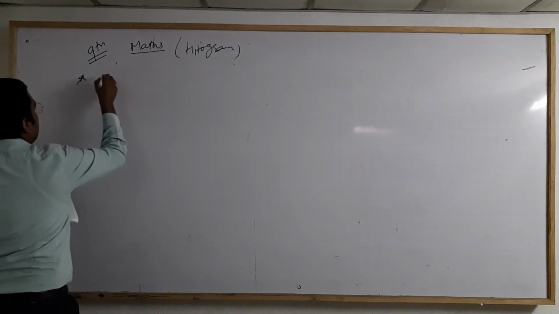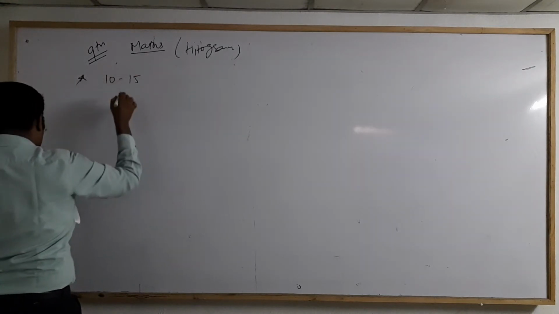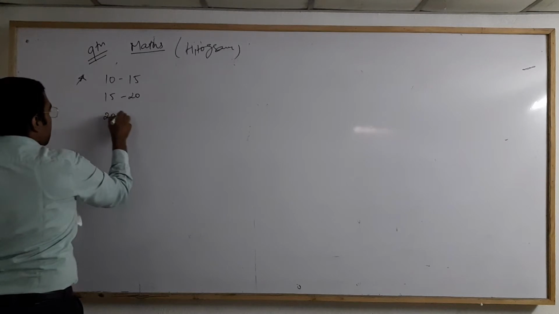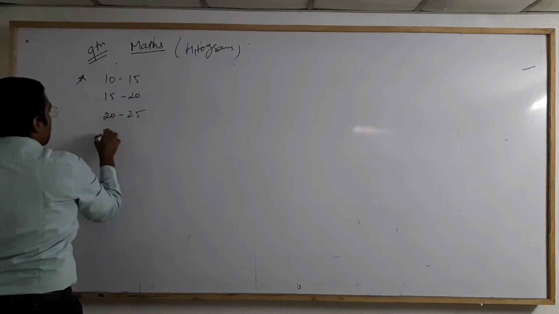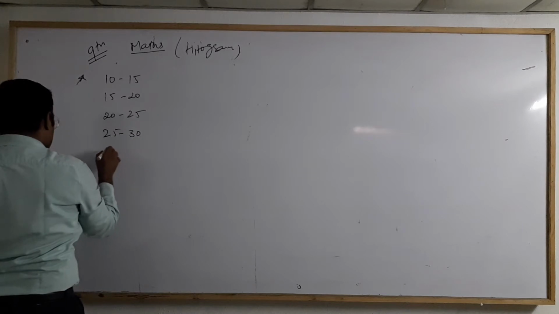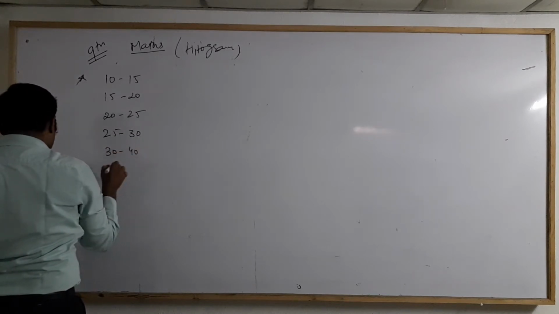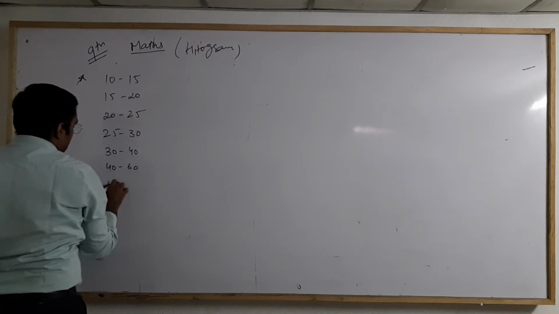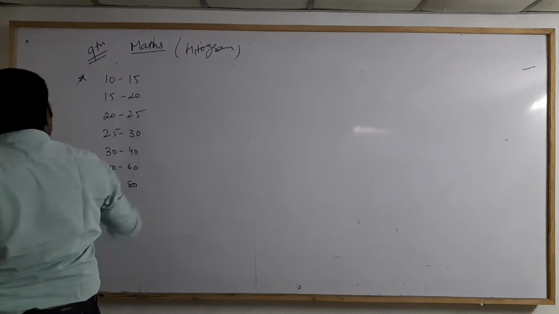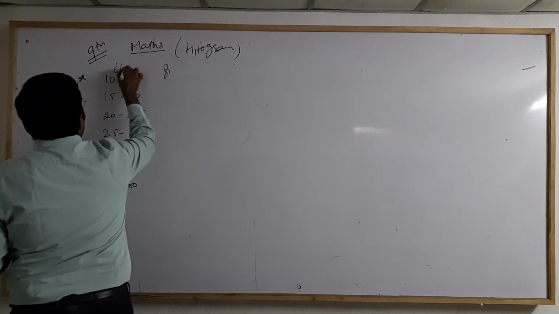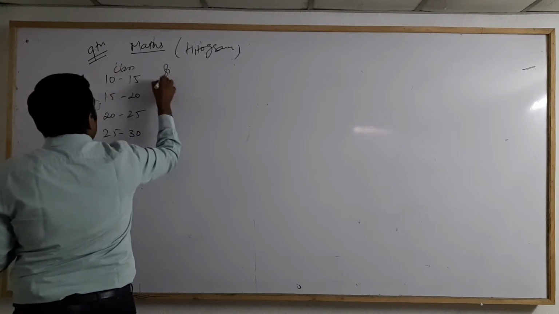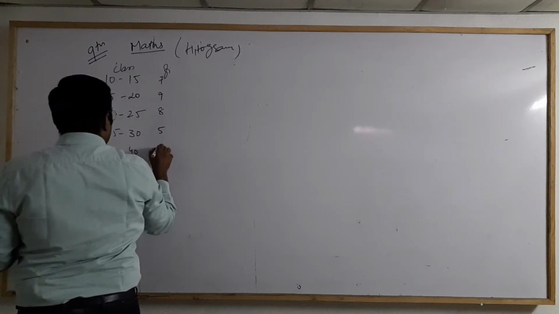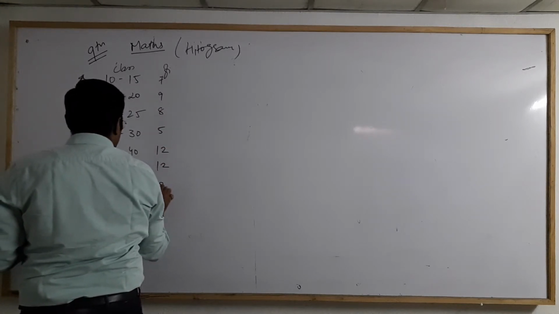My classes are 10 to 15, second is 15 to 20, third is 20 to 25, then 25 to 30, then 30 to 40, then 40 to 60, and 60 to 80. And my frequencies, as given, are 7, 9, 8, 5, 12, 12 and 8.